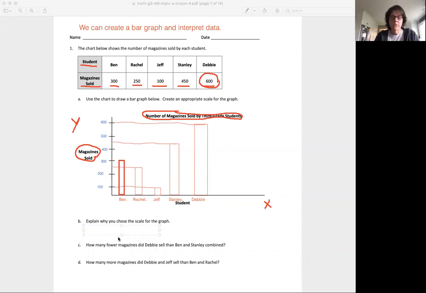And so we can say we chose to count by hundreds because all of our numbers, I'm going to extend this a little bit here, were either hundreds or halfway between.